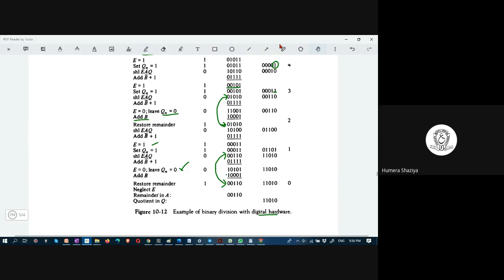And finally, when you get this value, here we obtain 0. When you obtain 0, you have to stop the process. And this process is stopped with the quotient stored in Q. This is the quotient.